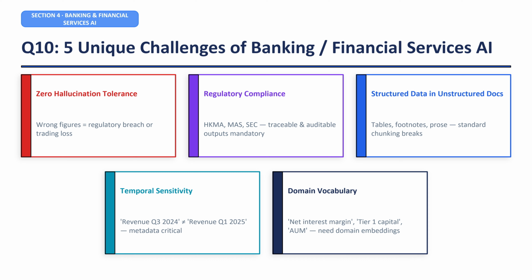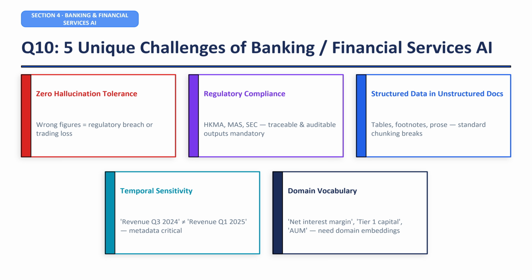Three: structured data in unstructured documents. Earnings reports, prospectuses, and loan contracts all mix tables, footnotes, and narrative text, and standard chunking strategies break when tables span pages or notes reference earlier sections.